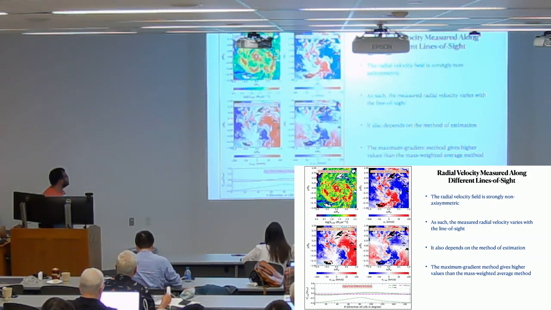These are maps for VR cos theta, so this large blue thing becomes red here. That's just because of line of sight projection, but this is the reason why you see this high value. In this other direction, you do have an inflow here, but that is compensated by an outflow here, so we don't get as high a value. So there is a variation with line of sight.